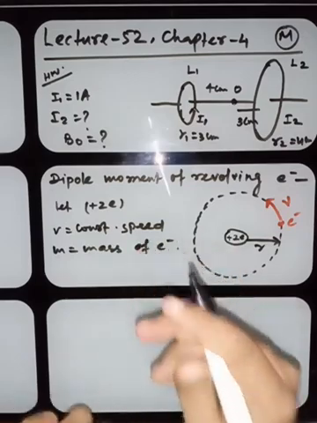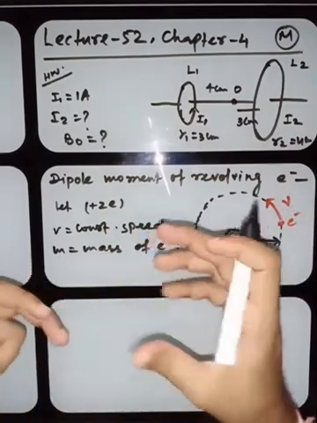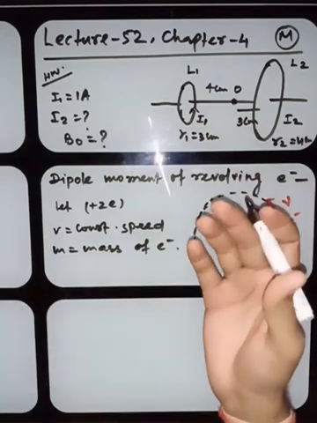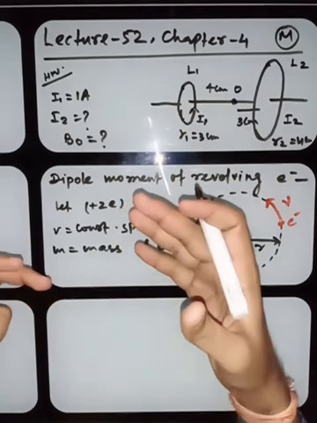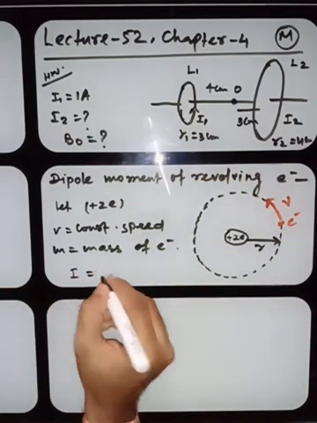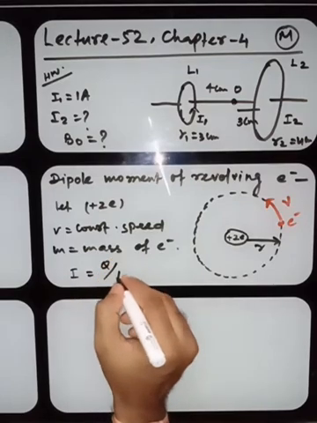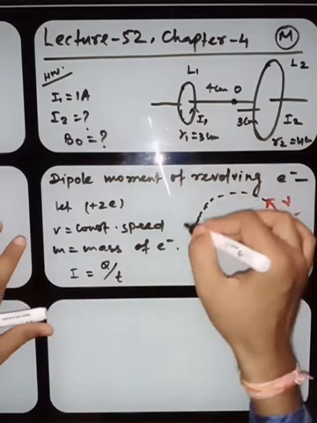Now we are going to find here the magnetic dipole moment. We know that current is charge per unit time, so I can be written as Q by T, and we focus on one complete revolution.